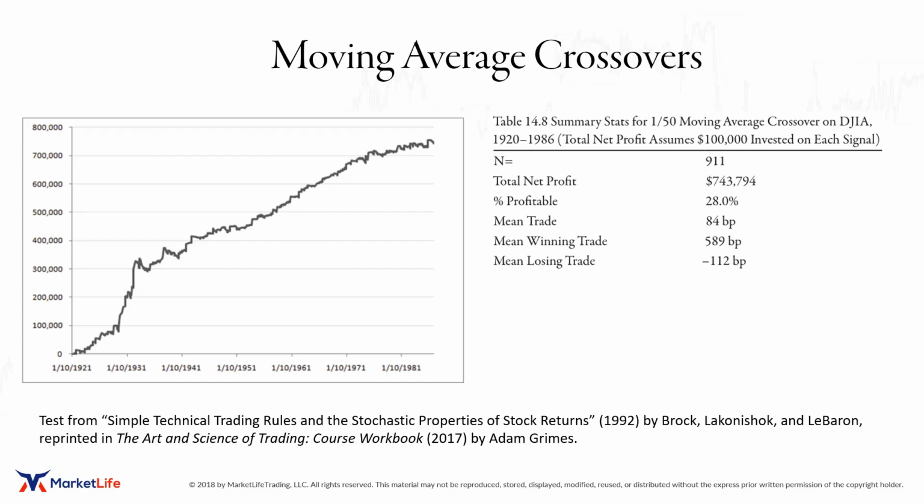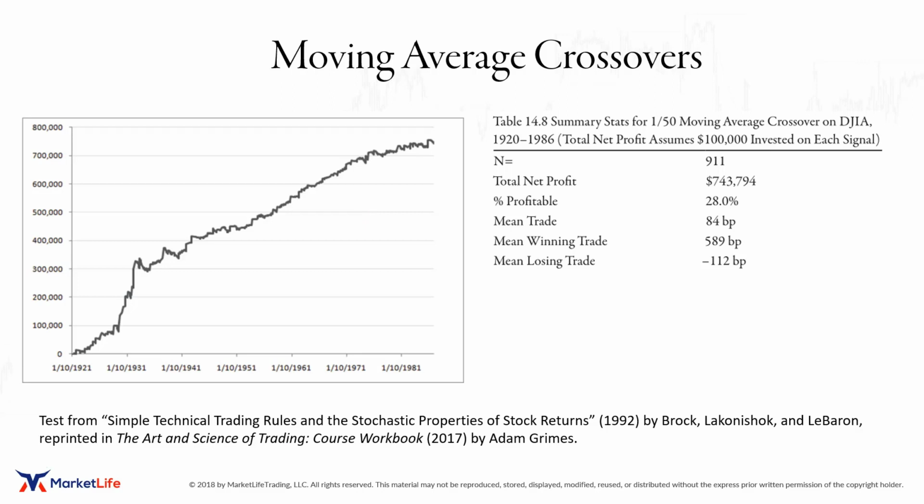This is a chart from a very famous paper by Brock, Lakonishok, and LeBaron, published in 1992, in which they looked at technical signals. They looked at crossovers of different periods of moving averages. And this is an equity curve that I constructed when I wrote one of my books. I looked at their research and reconstructed it, and they found that many of these trading signals work quite well.